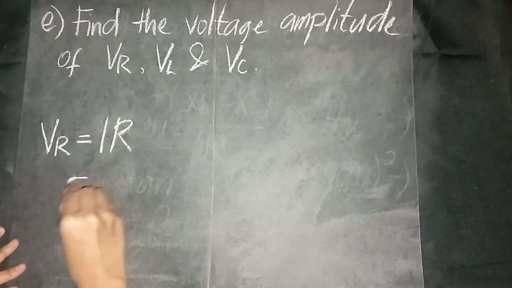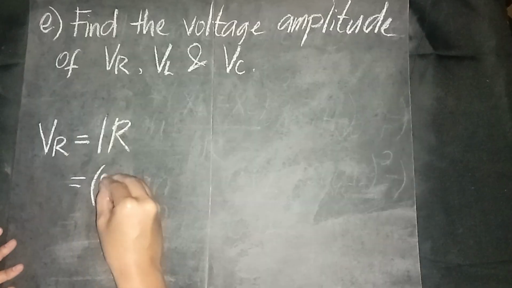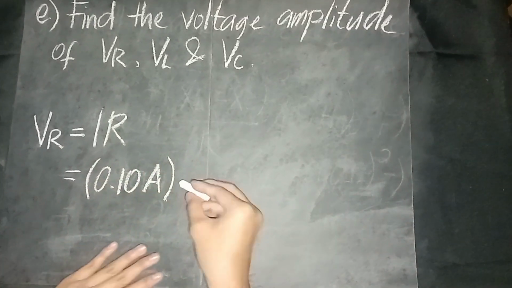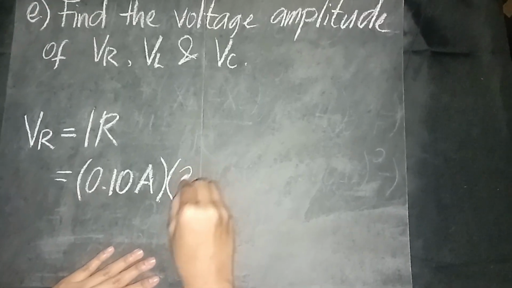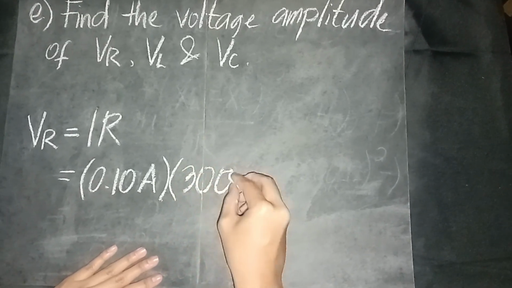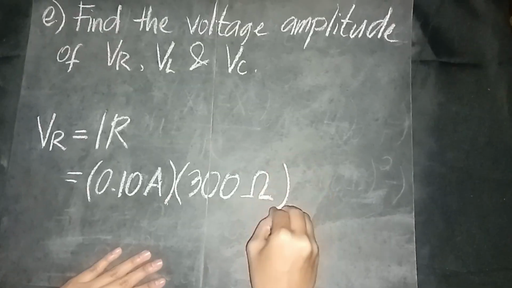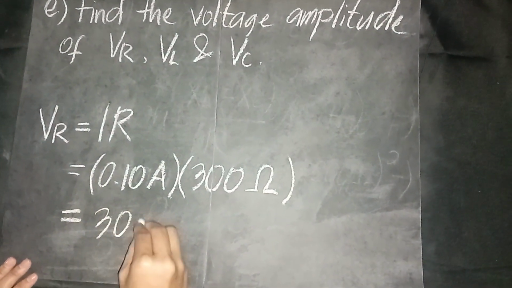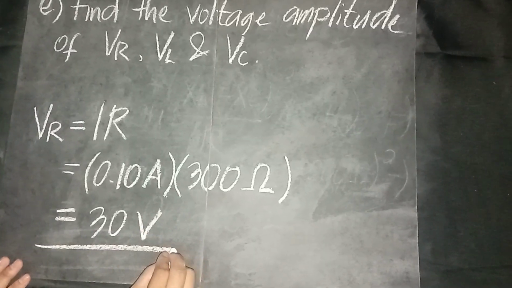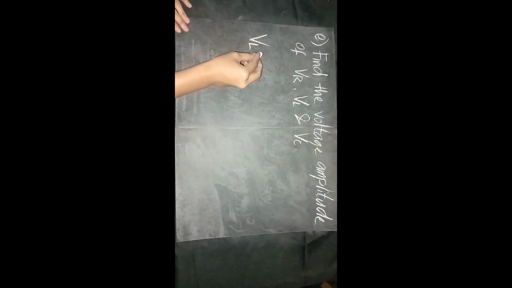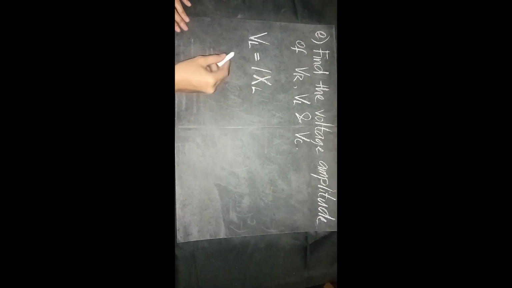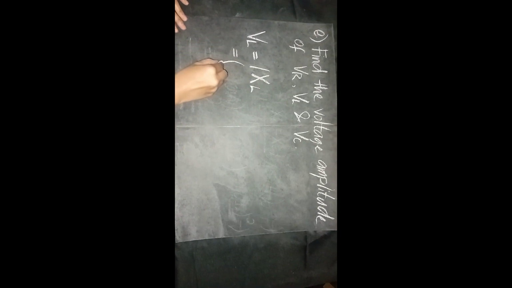First we are going to find the VR. VR is equal to IR. So the current, which is 0.10 amps, and the resistance of 300 ohms. So the answer is 30 volts. And next is the inductor voltage, where VL is equal to IXL.